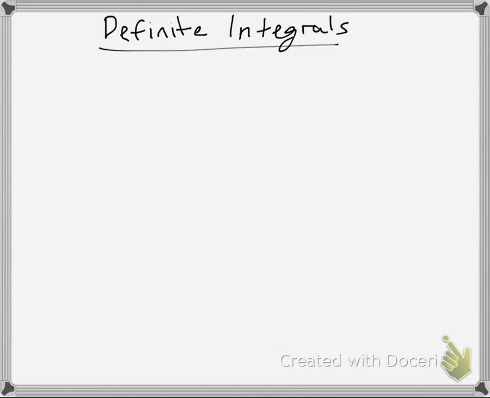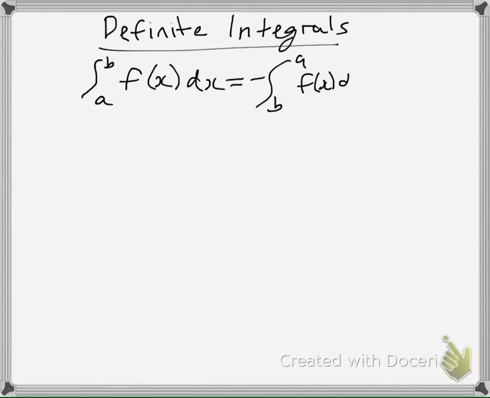So the first one I want to talk about is one that you've hopefully seen before. The integral from a to b of f of x dx. And the property is that I can write this as negative the integral from b to a of f of x dx.